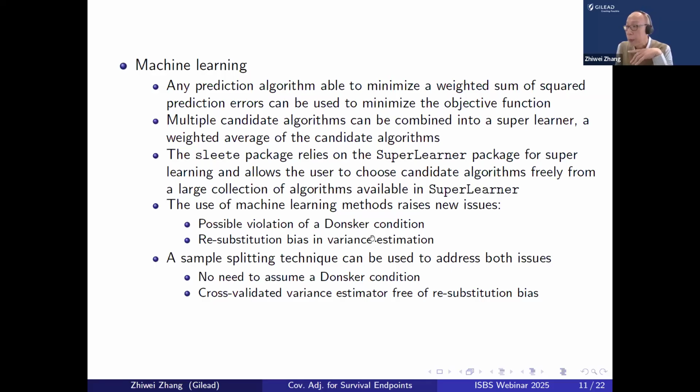So that's another thing. Fortunately, again, both issues can be addressed using a simple sample splitting technique, which makes the Donsker condition unnecessary and also produces a cross-validated variance estimator that's free of resubstitution bias. I'm not going to give the details here, but if you're interested, you can find out the details in the paper.